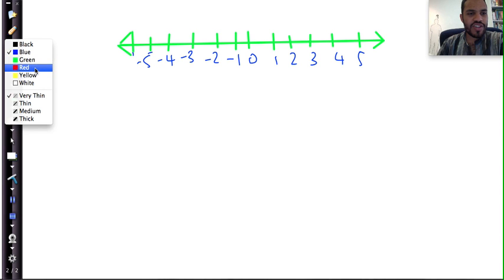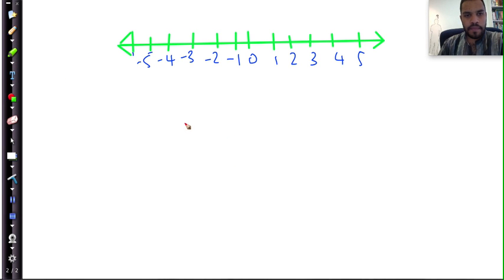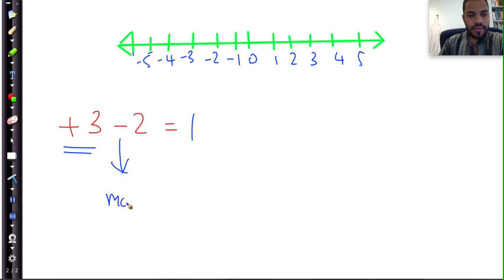Okay, and so let us look at another number. Let's say we want to start subtracting things. So I'm going to say this is actually positive 3 minus 2. Now that's just the normal 3 minus 2, and it's going to be 1. But again, this means start here and move to the left, and we're going to do it with 2 units.